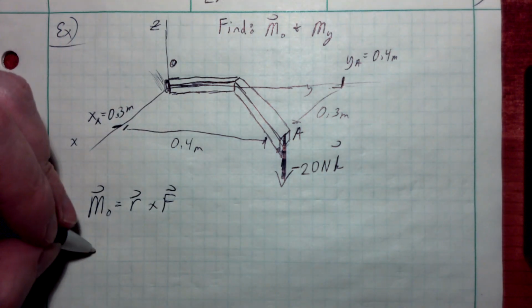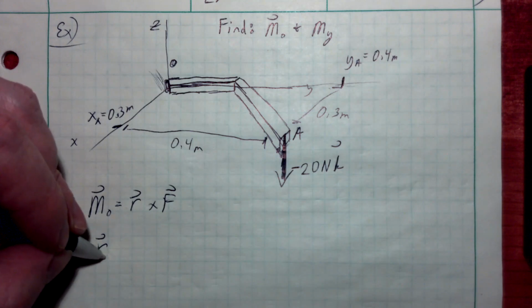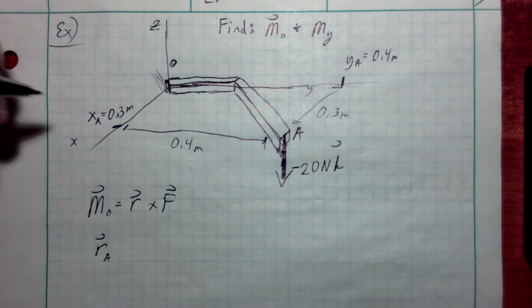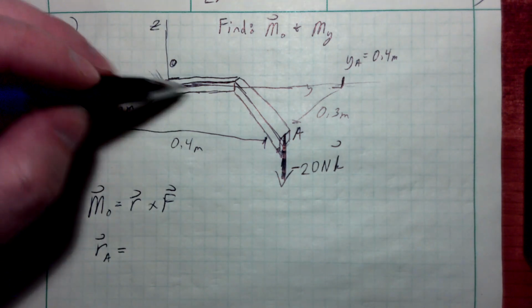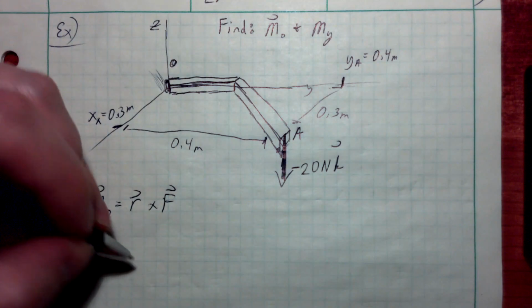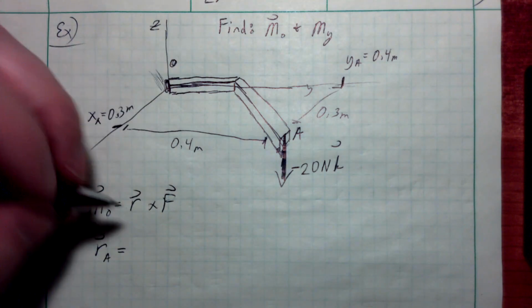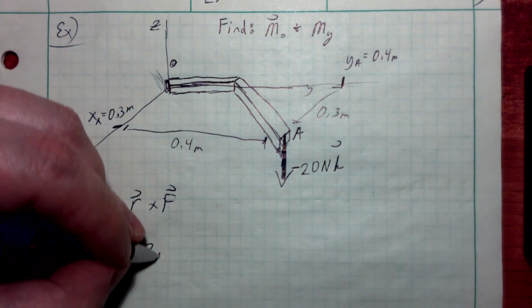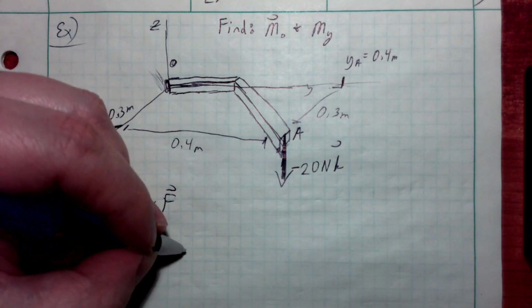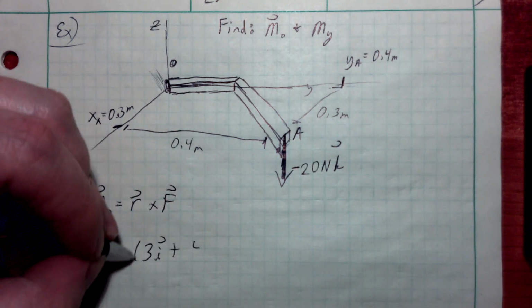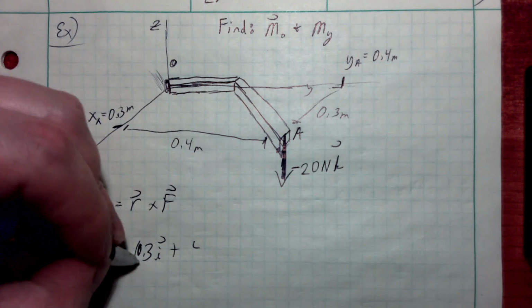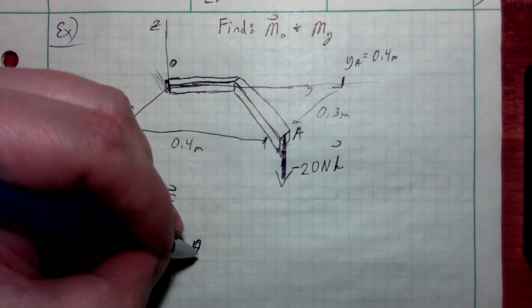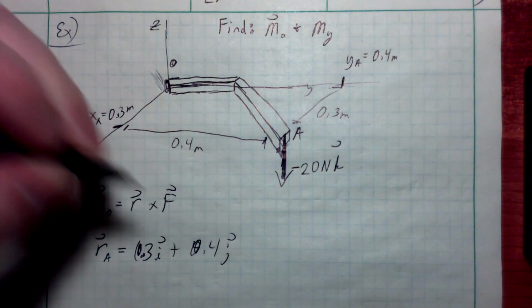Now, how do we construct a position vector? Well, this position vector is going to go out to point A, from the origin to point A, and that's actually pretty simple. You're going to take your x value, 0.3i, plus your y value, 0.4j.